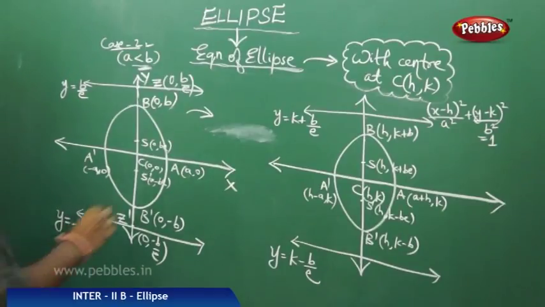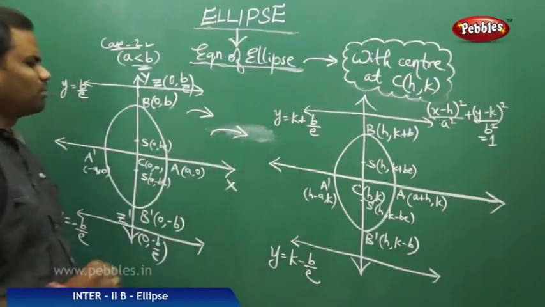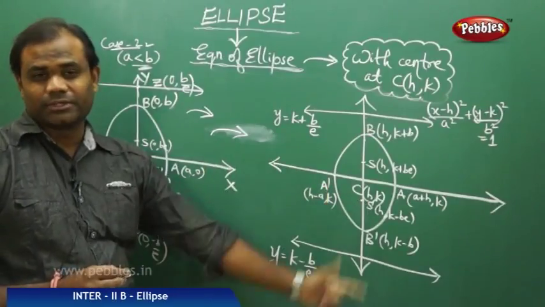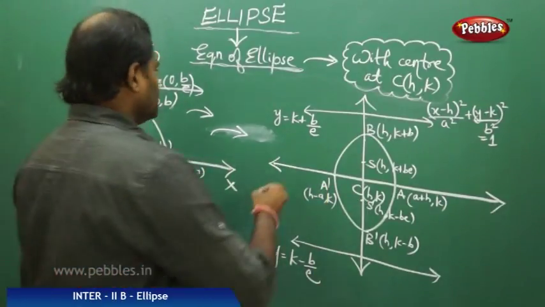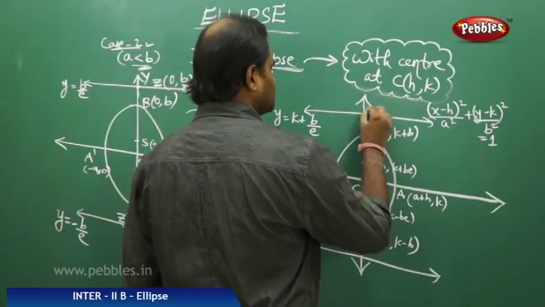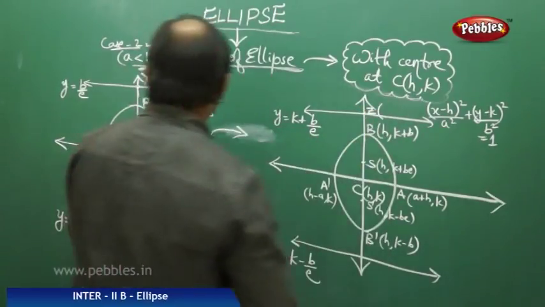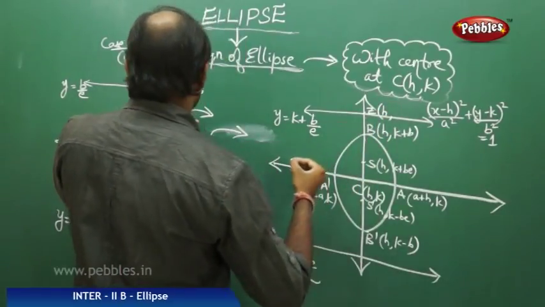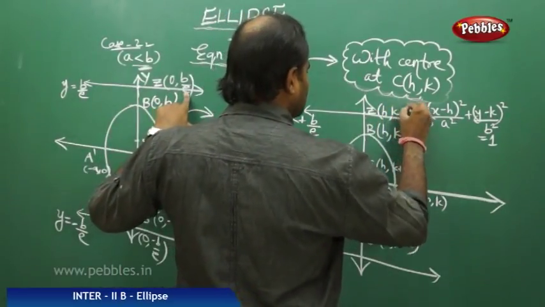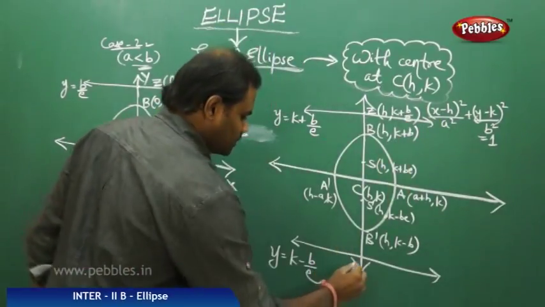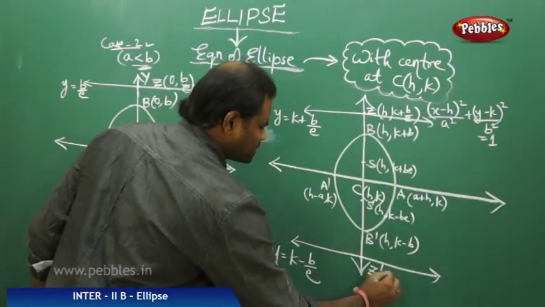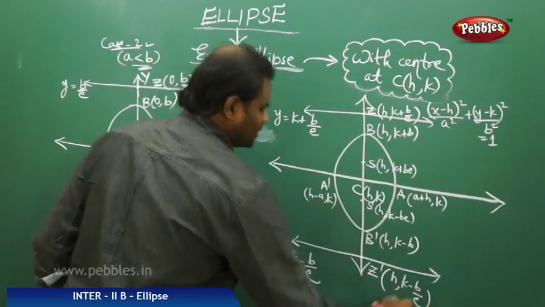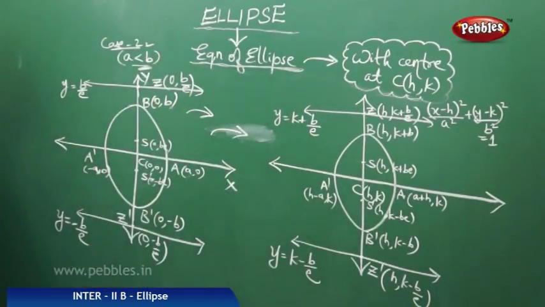This is how I see each of the properties getting transformed from the standard form to the transformed equation of the ellipse. Similarly, my Z is given by the coordinate (h, k plus b by e), and here my Z dash, which is (h, k minus b by e), is obtained from here.